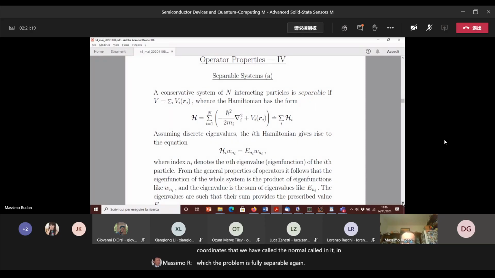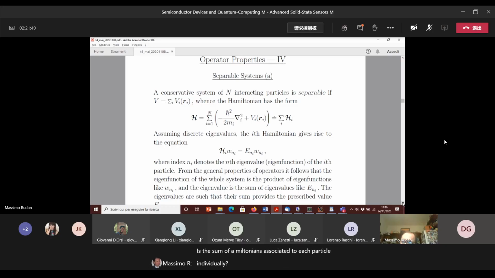So if it happens that the Hamiltonian is fully separable, at least with respect to each individual particle, as you can see in the formula on top of this page, this is good news because we can express the Hamiltonian as the sum of Hamiltonians associated to each particle individually.